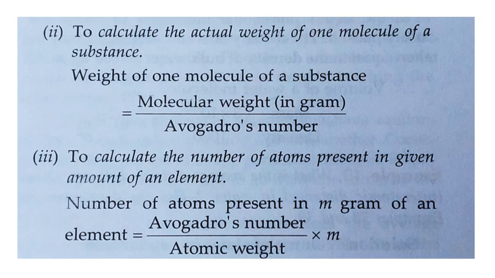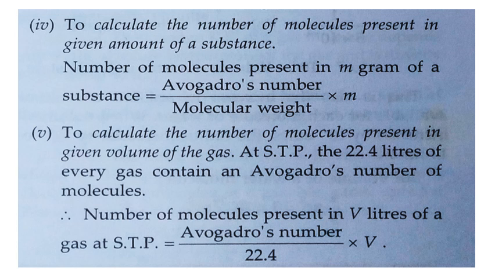To find the number of atoms present in a given amount of an element, it will be Avogadro's number divided by atomic weight into m gram. To find the number of molecules present in a given amount of a substance, it will be Avogadro's number divided by molecular weight into m.